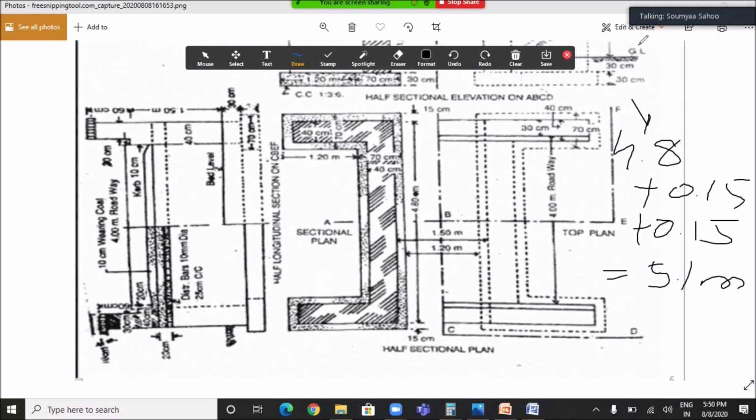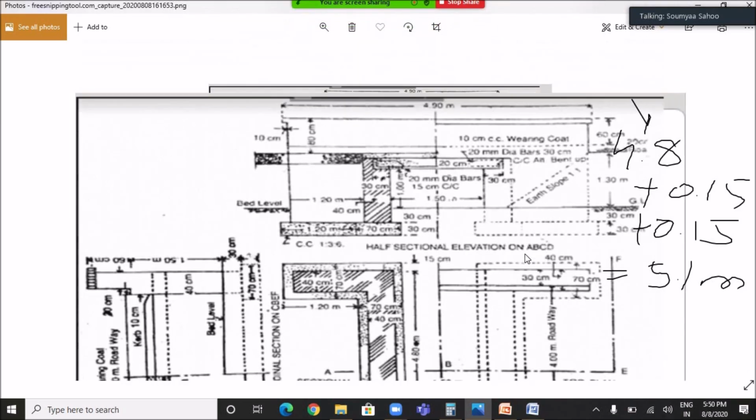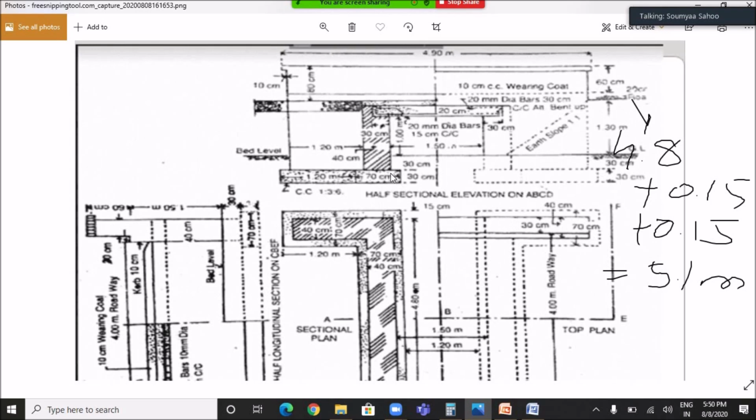For this you have to see the elevation. Here you can see below the ground level, from this point to this point, the total excavation work is to be done. So this is 30 centimeter plus 30 centimeter equals to 60 centimeter or 0.6 meter.